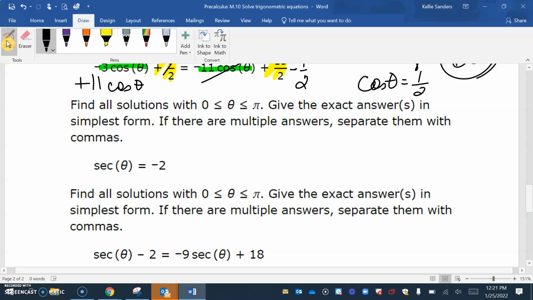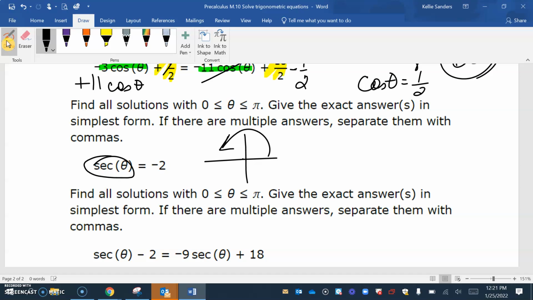Secant to get 2 is 60, and this is negative 60. Secant is with cosine, so we have to be over here, which is 60 again.